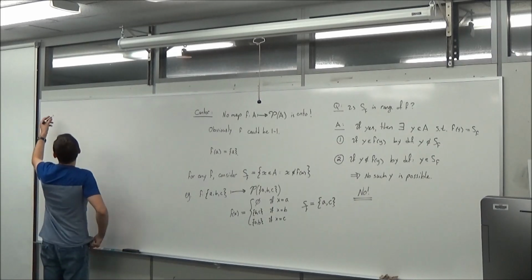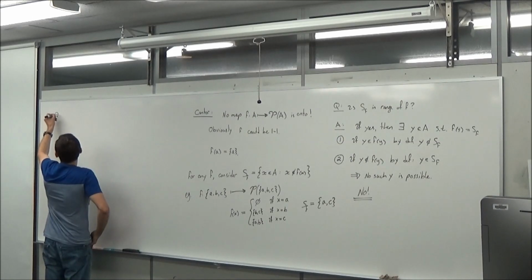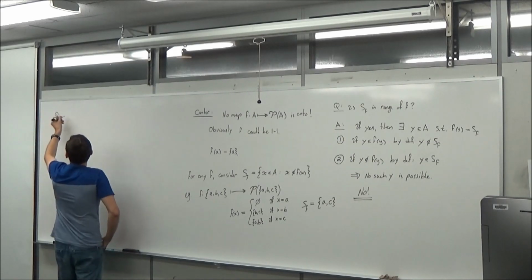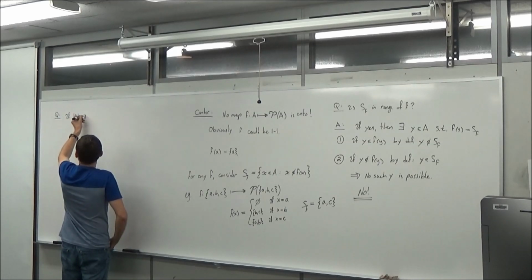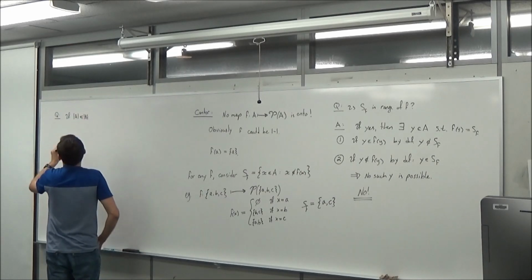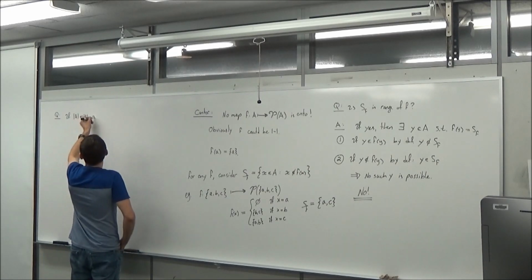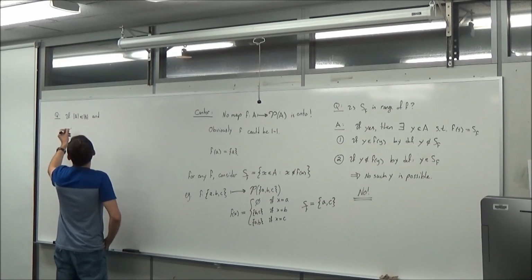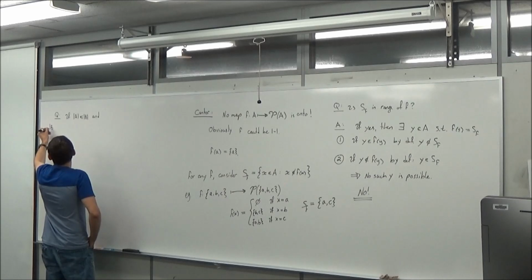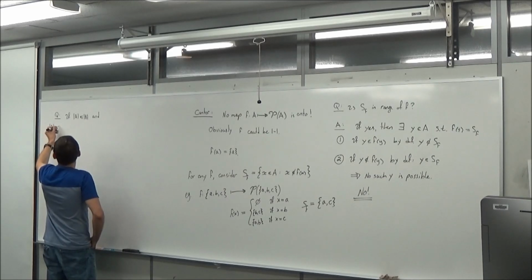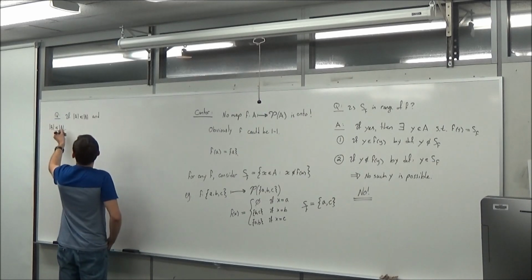If the size of set A is less than or equal to the size of set B, and the size of set B is less than or equal to the size of set A, can we conclude that they are the same?